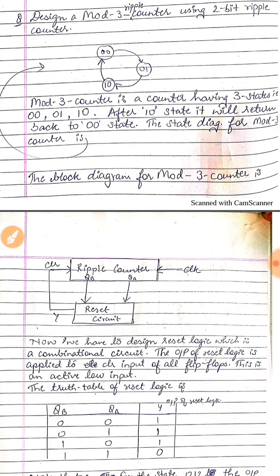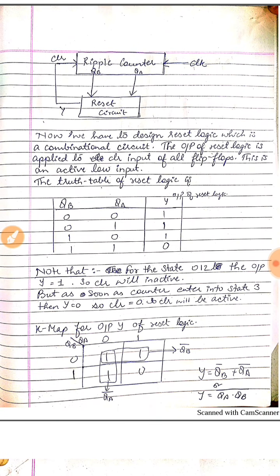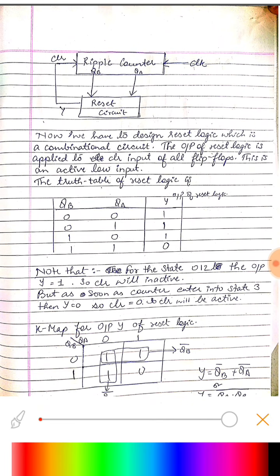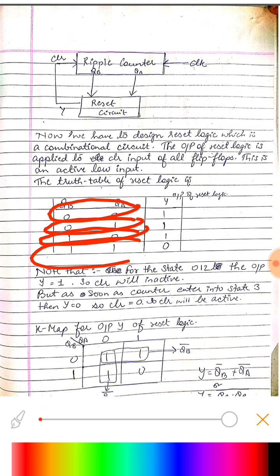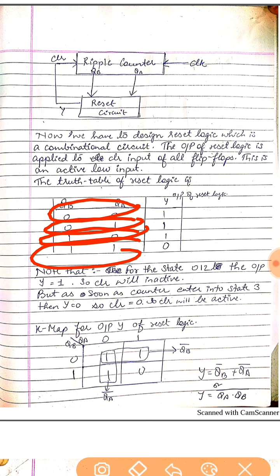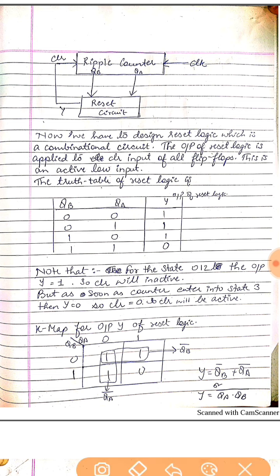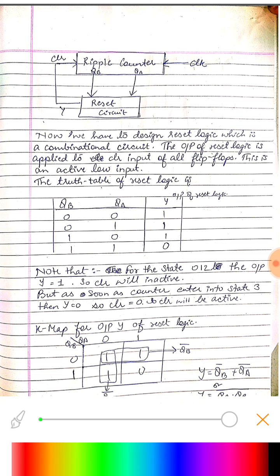So let's see how we can do that. In this case, as we know, we can count from 0 0, 0 1, 1 0, to 1 1. So I want to count up to 2 only.